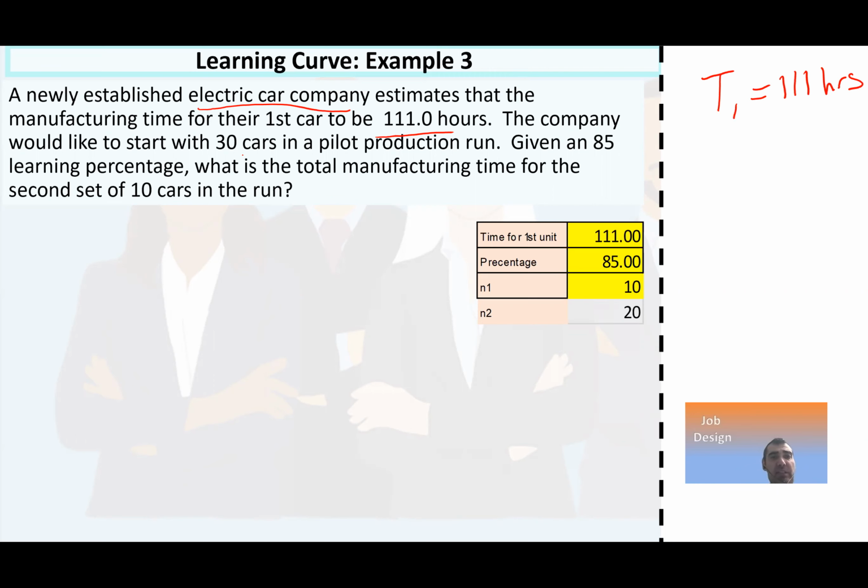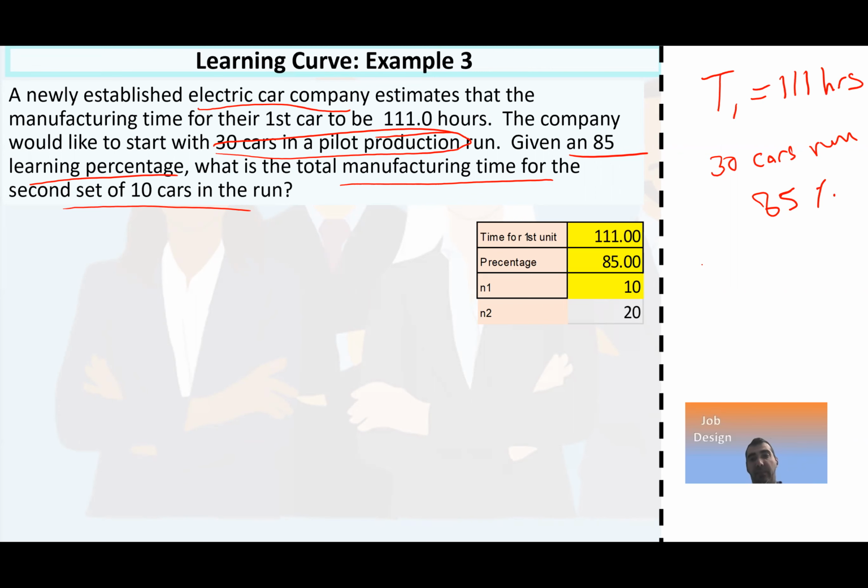They're going to start with a 30 cars production run, and they're telling us 85% learning percentage. What is the total manufacturing time for the second set of 10 cars in the run?